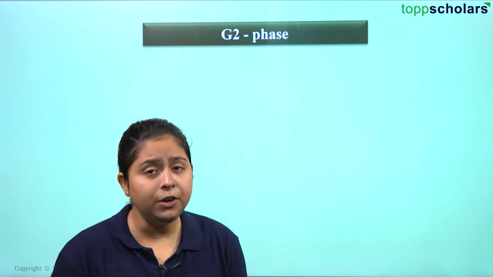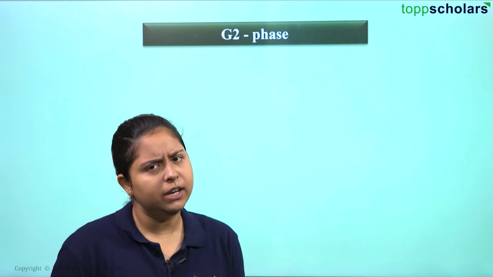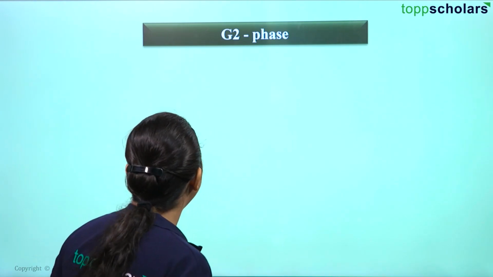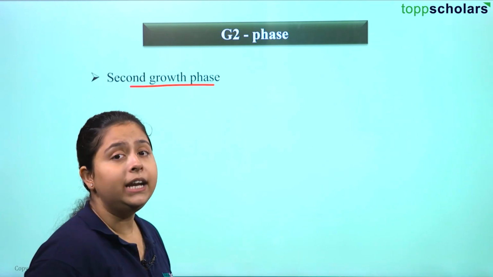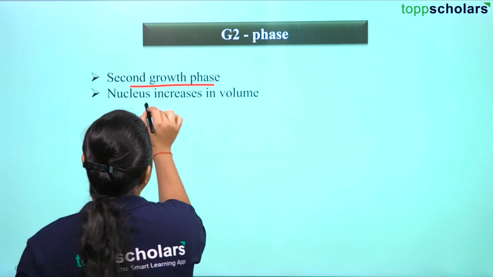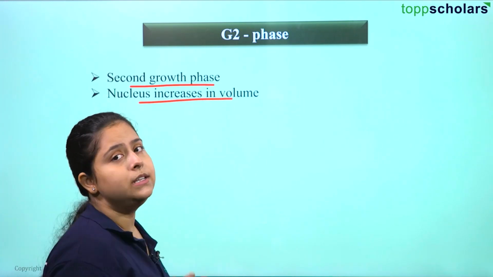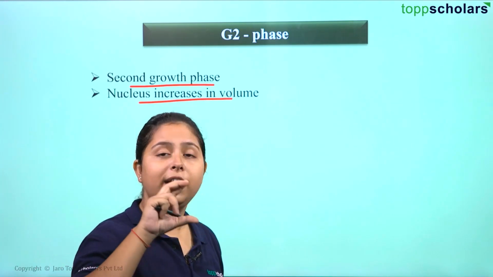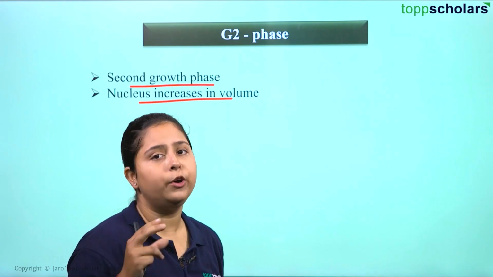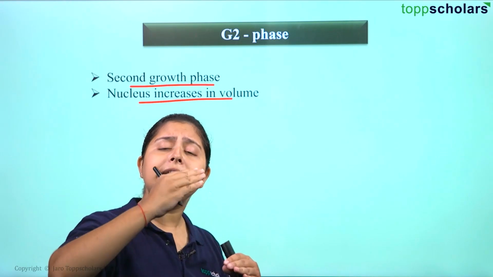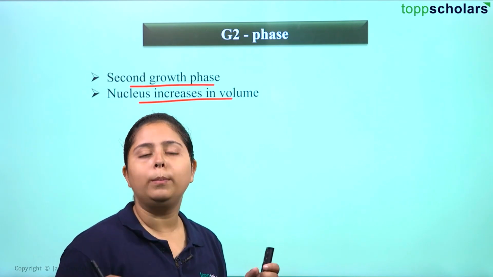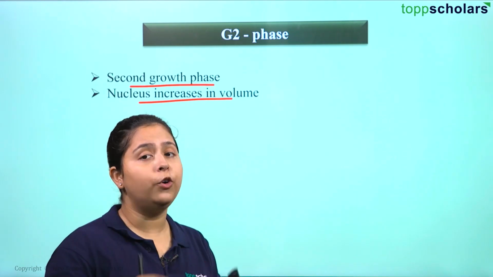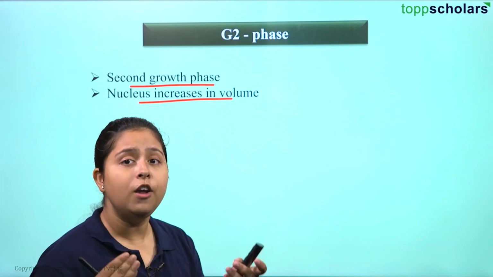Yes, it will get ready for the upcoming division. It is obvious. So what will it be doing? Let us see. As we just saw, G2 phase is the second growth phase and in here the nucleus increases in volume. If the nucleus is this much, let's say for analogy, it will just increase in its size so that the DNA will be accommodated properly and the cell will get ready for the upcoming cell division phase.